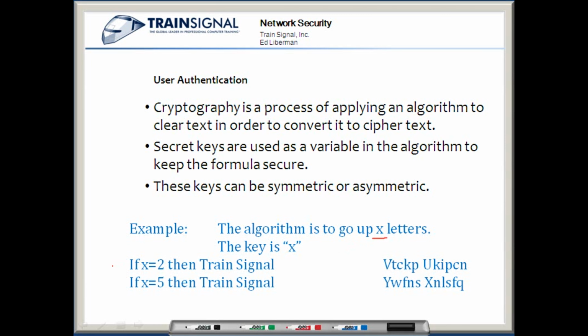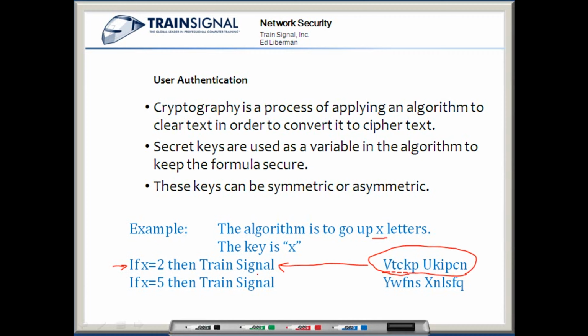If X is 2, then the words "train signal" would become "vtckp ukipcn" or something like that. In other words, the letter T in "train signal," if you go up 2 letters, becomes the letter V. The letter R becomes T, the letter A becomes C, the letter I becomes K, and the letter N becomes P, and so on. So this would be the ciphertext version of the clear text words "train signal."